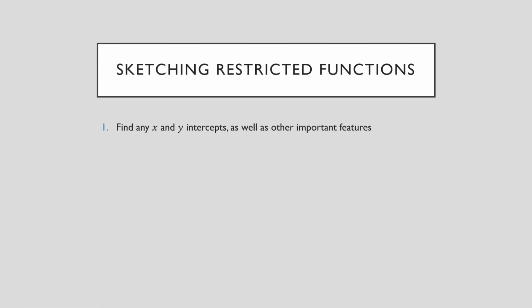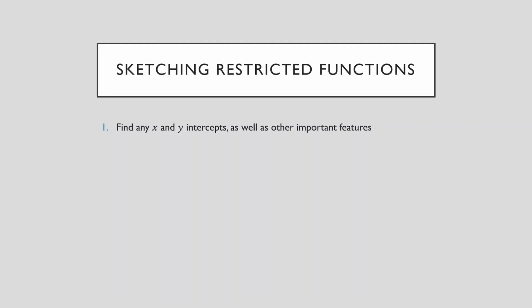Now, some steps that you can follow to make this slightly easier for yourself are as follows. First of all, find any x and y intercepts as well as any other important features, things like turning points, maybe some asymptotes as well if you've got that kind of function.